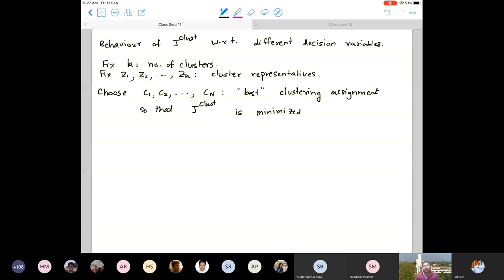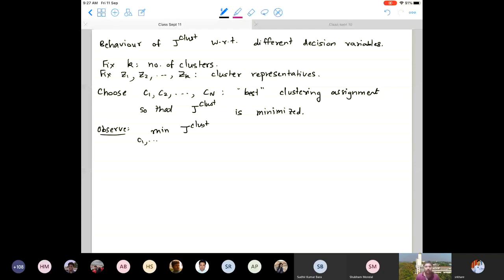That's what we want to do. And in order to do so, what we observe is the following. Observe, when we want to minimize J cluster with respect to C1 up to Cn.